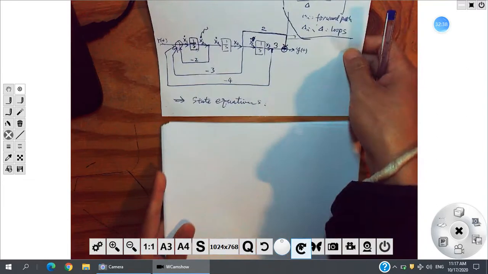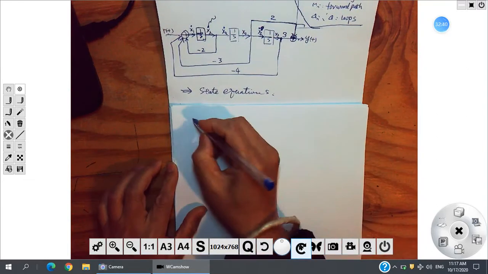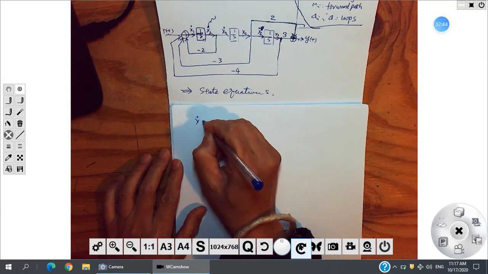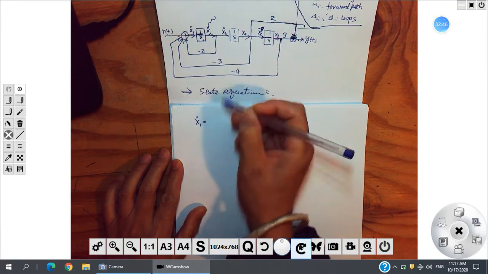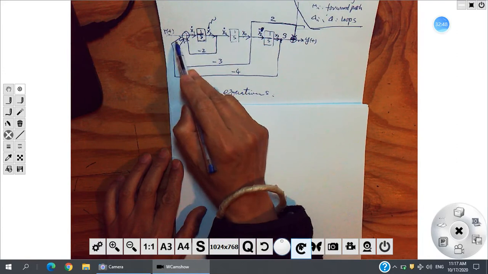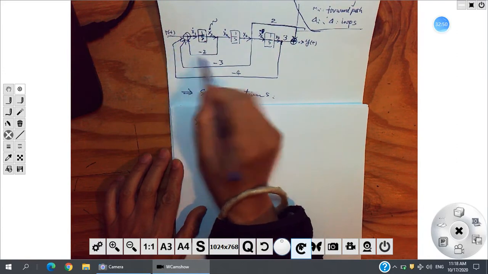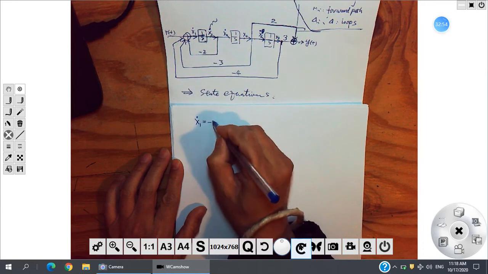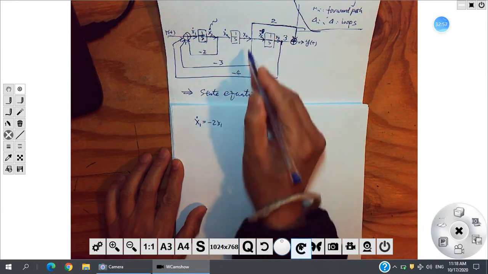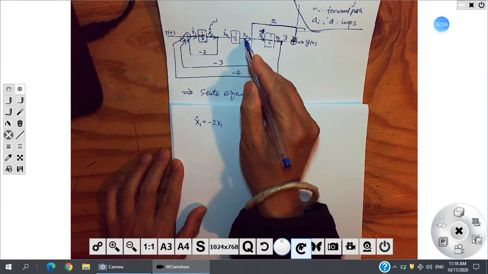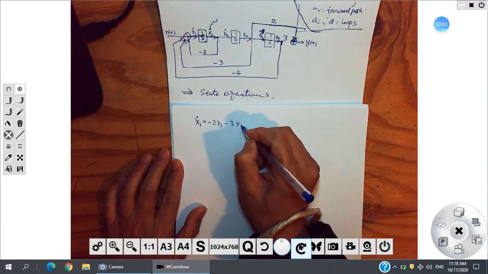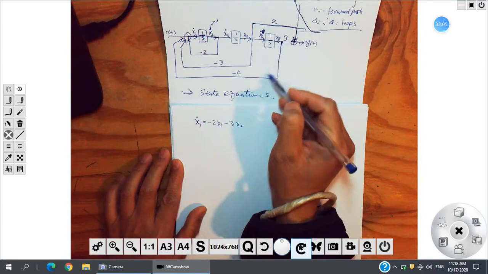We can write it here. x1 dot is a summation of these 4 things, right? The first one is x1 times -2. Second is x2 times -3. And third one is x3 times -4.